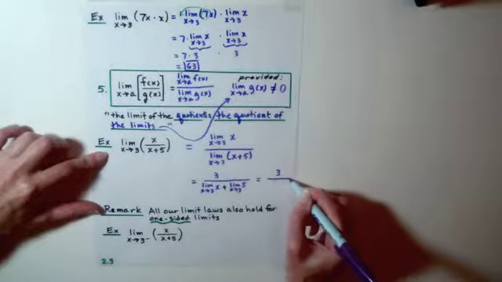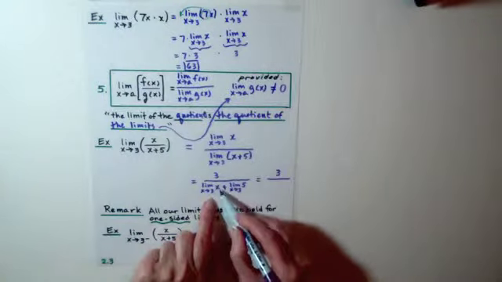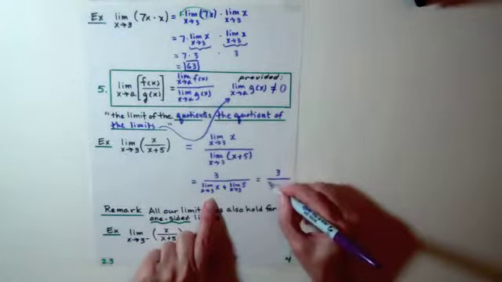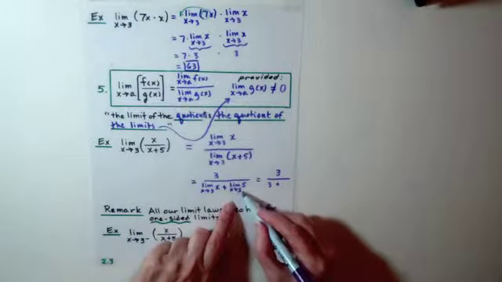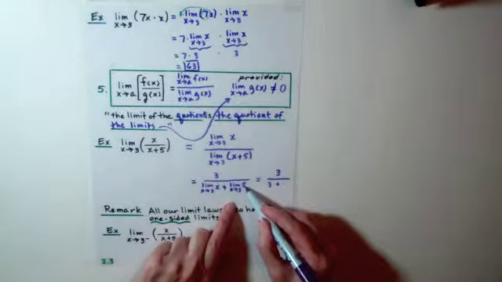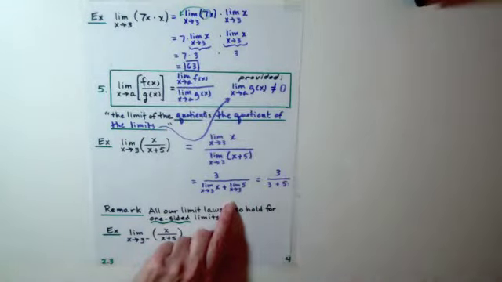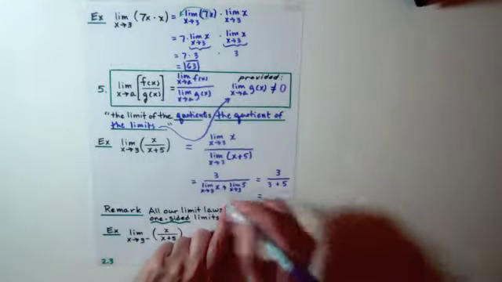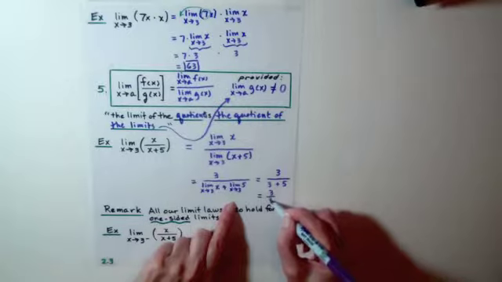And each of those limits we can figure out pretty easily. Limit as x approaches 3 of x, that's the obvious limit, so that would just be the number 3. And the limit as x approaches 3 of 5, that's the limit of a constant, and the limit of a constant is that constant, so that would be 5. And so overall, the limit of my original problem would be 3 divided by 8.